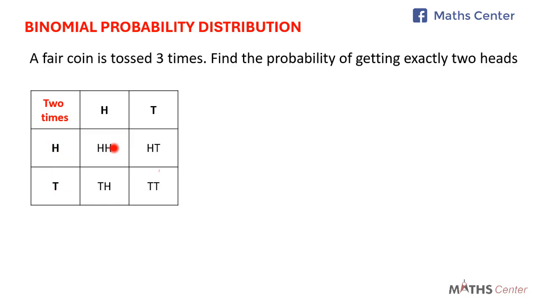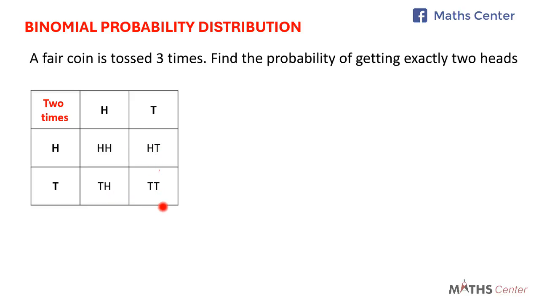This gives us the possible outcomes when you toss the coin 2 times. When you cross them, you have head head, head tail, tail head, and tail tail.